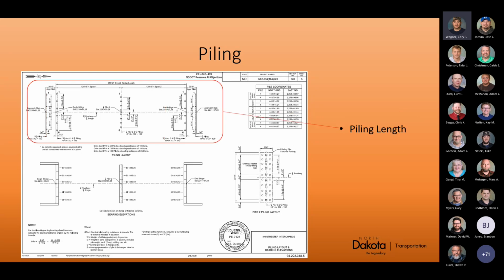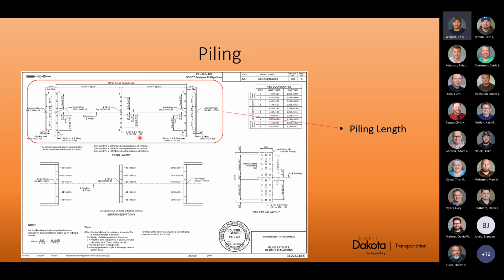Your piling lengths. Right here, for this pier, we got 130 foot of pile planned. Not always going to be that 130 feet. It all depends on how your pile driving goes when you reach bearing.